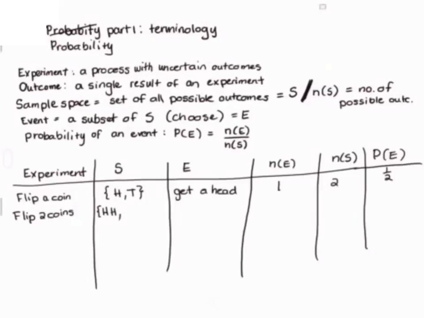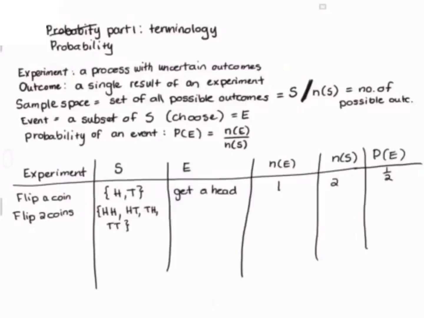Or the first time I could have had head and the second time I could have gotten a tail. Or I could first have gotten a tail and then a head. Or I could have had 2 tails. So notice head then tail is seen as different from tail then head.